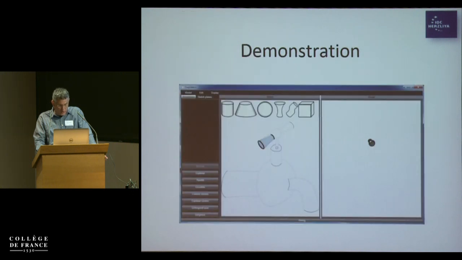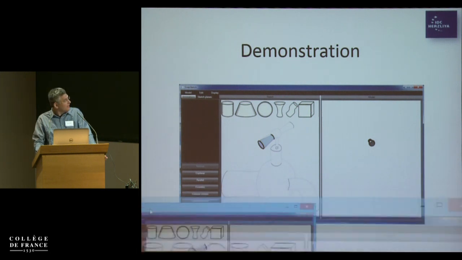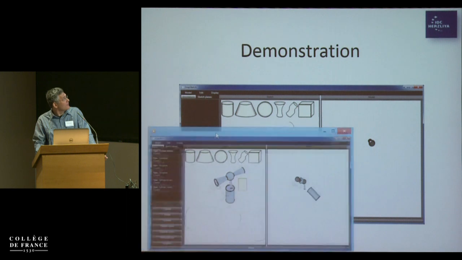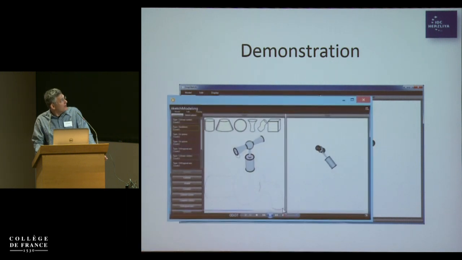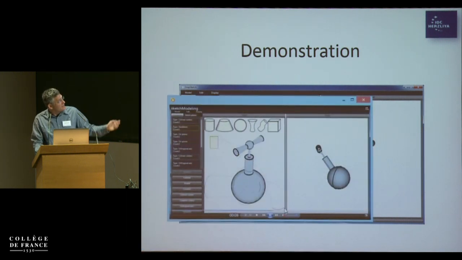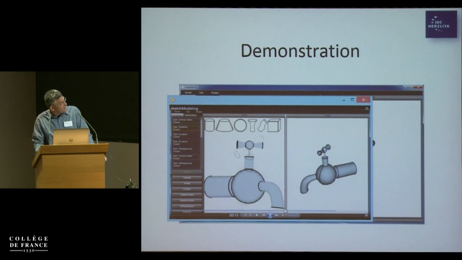So I'm going to show, hopefully, if it'll work, a demonstration of what's going on in the program. What you can see here is a human modeling a three-dimensional object based on a sketch that was previously created. And what you can see here is a tap.